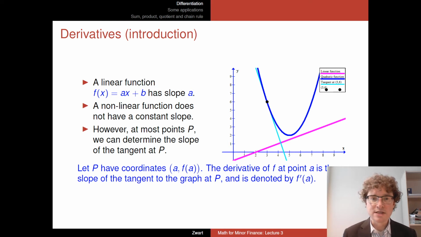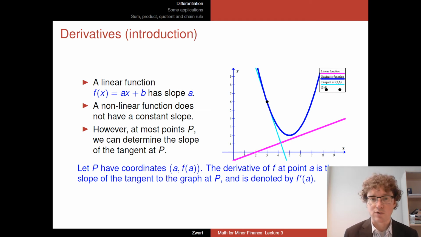So that slope is for any point a. In this case, a would be 3. The x value at this point in the graph would be 3. The y value in this case is 6. Well, that's what the function maps to at this particular point a. So the point P, 3, 6 in this example, in general would be a point with x coordinate a, and the y coordinate, the height of this function, will be what this function takes a to if you apply it to a.